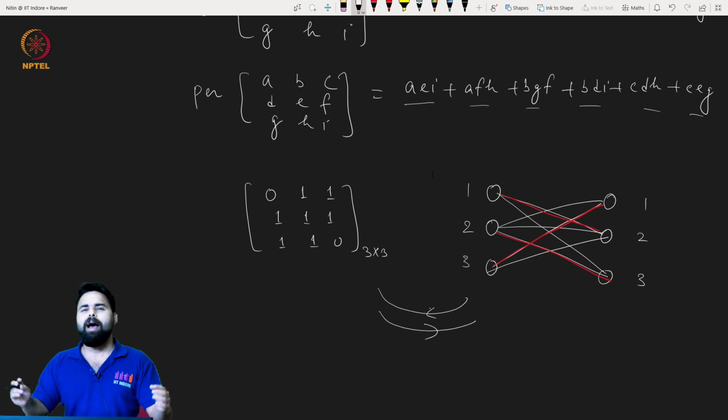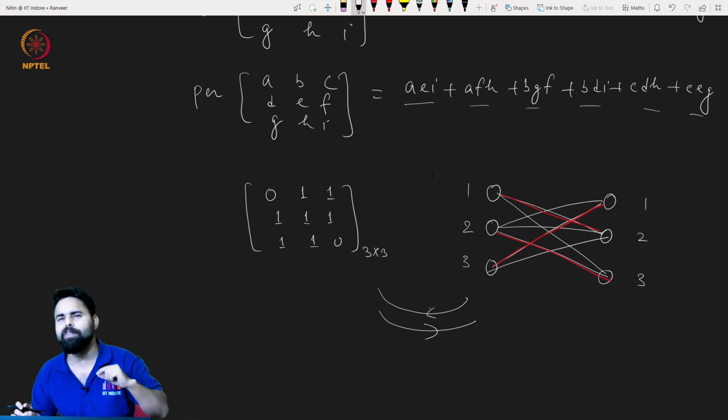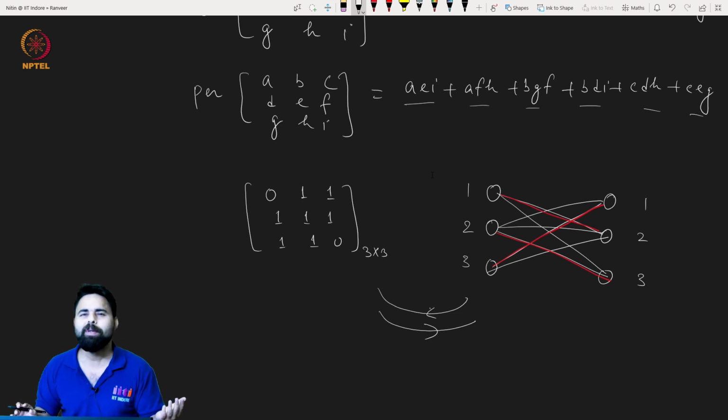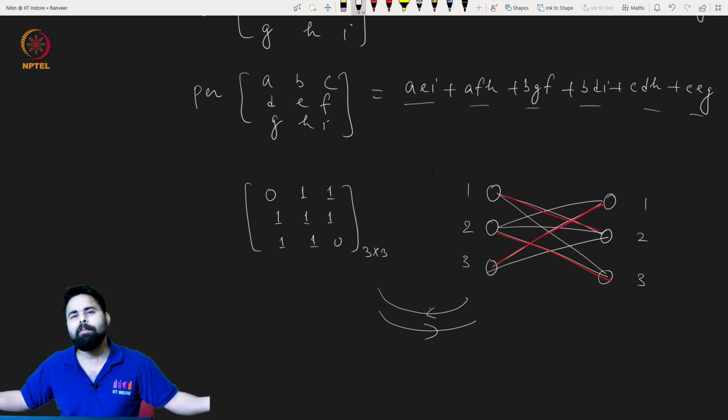At first glance, if I had asked you what is easier to solve, determinant or permanent, you might think that in the case of the determinant there are plus and minus signs, we have to take care of minus signs, but in the case of the permanent there are no minus signs, so maybe the permanent is as easy as the determinant.